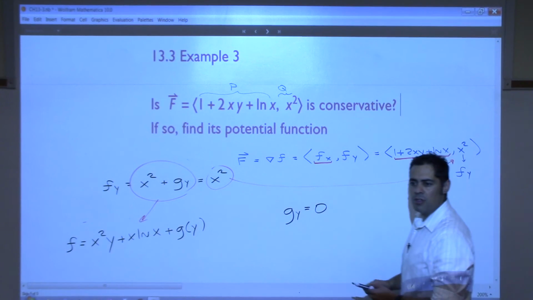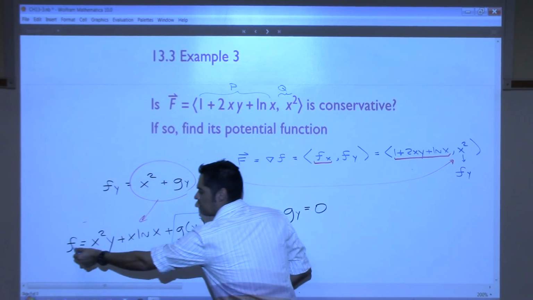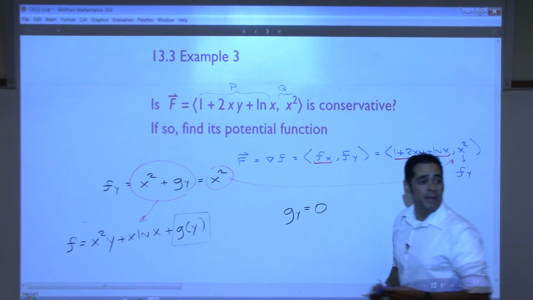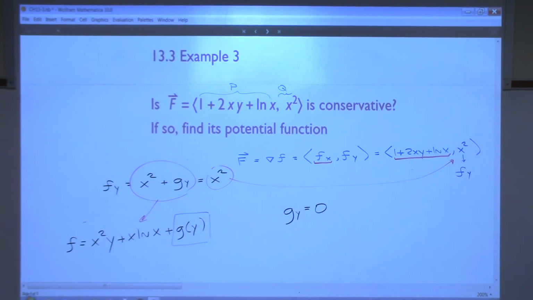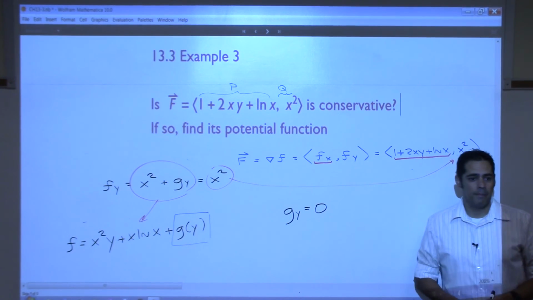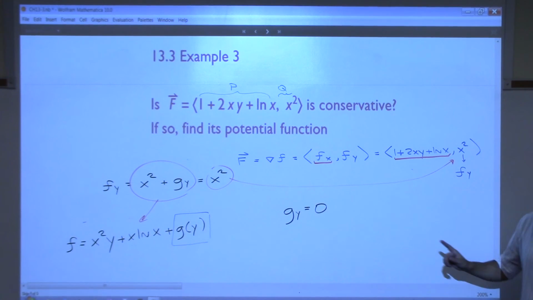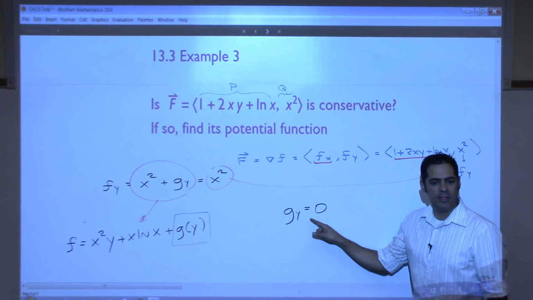Now, can you tell me what g of y is? Because that was the only piece that we didn't know, right? G of y must be a constant, because the derivative of a constant is 0. Now, be careful here. Could g have an x in it?